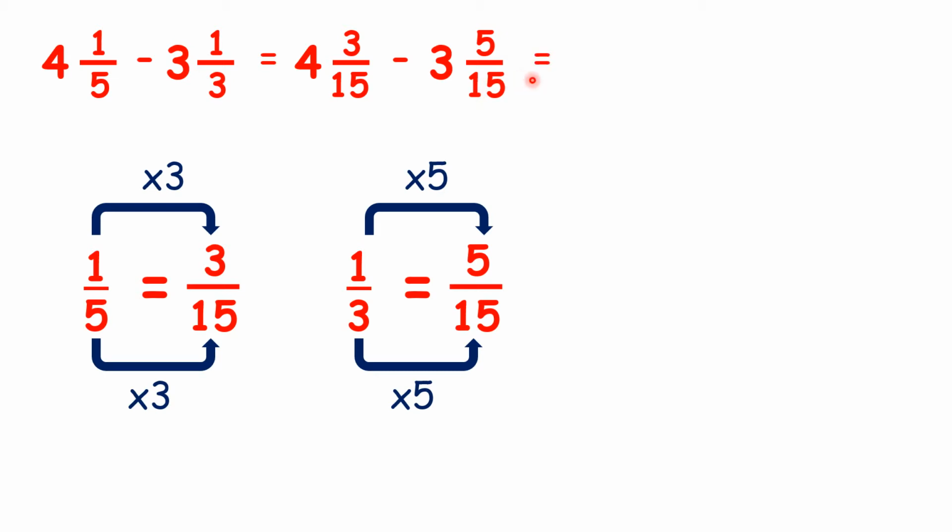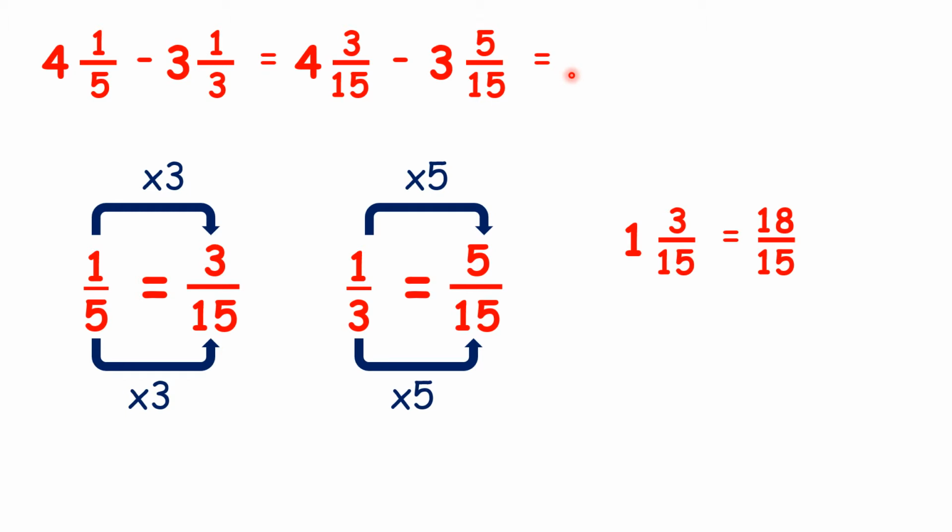But we can't answer that because we can't take 5/15 away from 3/15. So we need to exchange with our whole numbers. We need to take 5/15 away from 1 and 3/15, which is the same as 18/15.